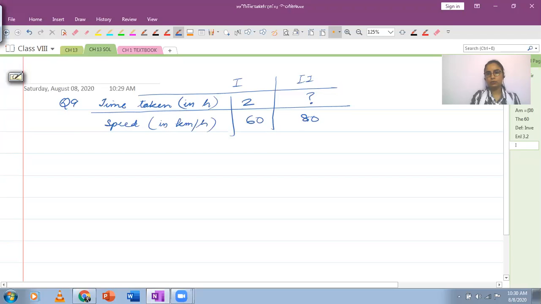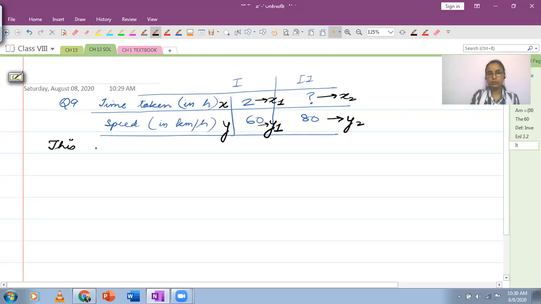In the second case, we don't know the time taken. And this is what we want to find out. And I'm just going to write these as x. If I take the time as x, this value will be x1. This is x2. Taking the speed as y, 60 will be y1, 80 will be y2. This is inverse proportion. Therefore, x1 y1 will be equal to x2 y2.